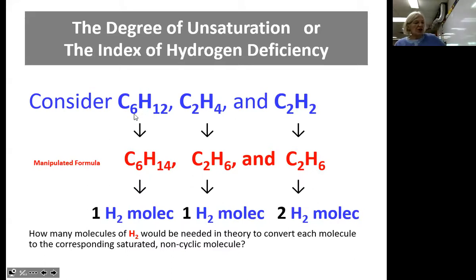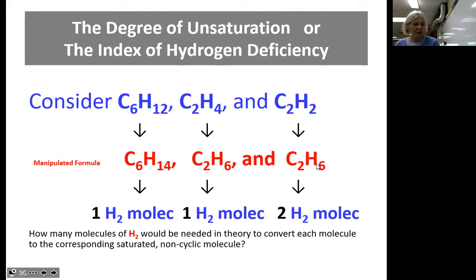If I've got 6 carbons, I know I need 2n plus 2 or 14 hydrogens to saturate it. If I'm given 2 carbons with this second formula, I know I need 2n plus 2 or 6 hydrogens to saturate it. If I'm given C2H2, 2 carbons, I need to get it to C2H6 to have it be a saturated compound.